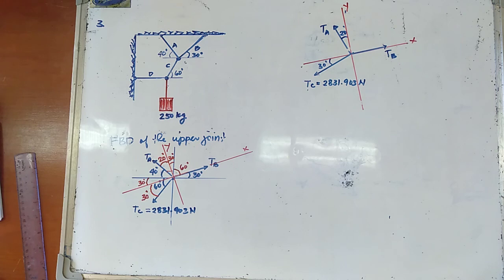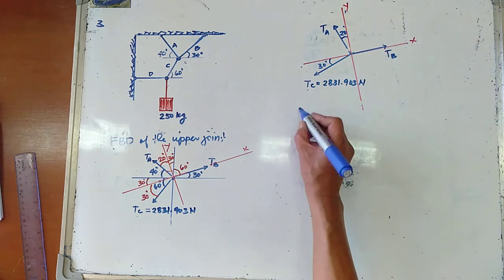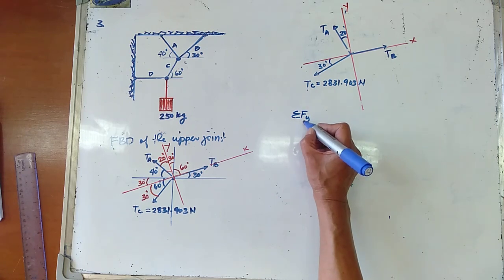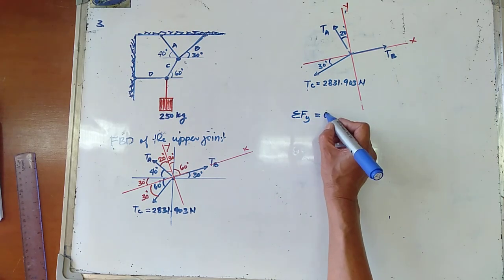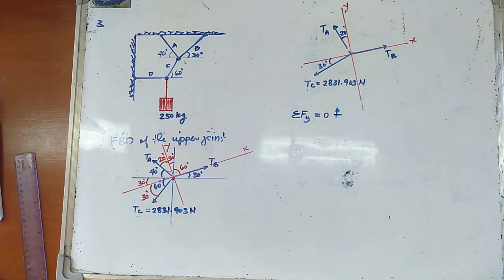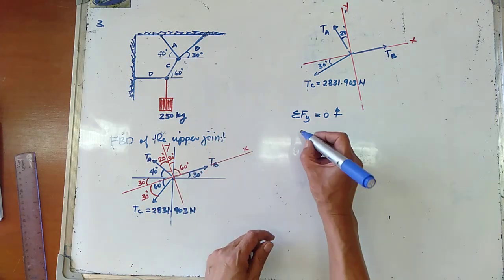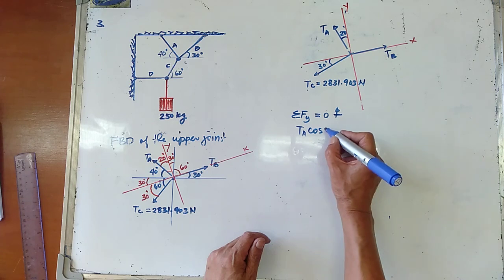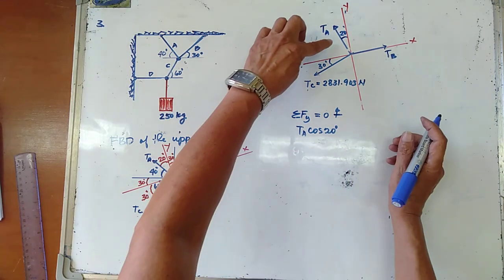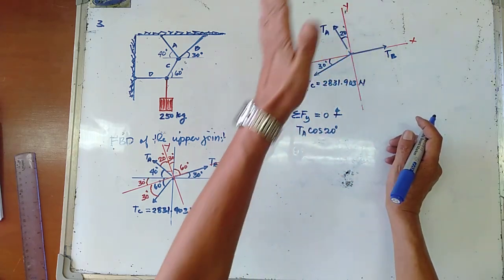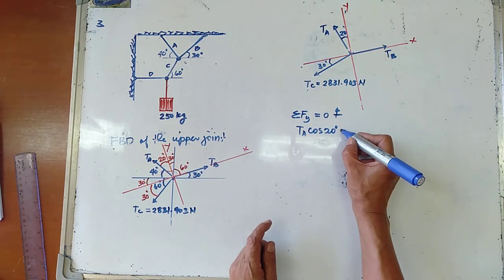Now, let us take the summation of forces along the y equal to 0, upward forces positive. So we have TA cosine of 20 degrees. The 20 degrees is included in the y-axis, so it's going up, so we have positive.